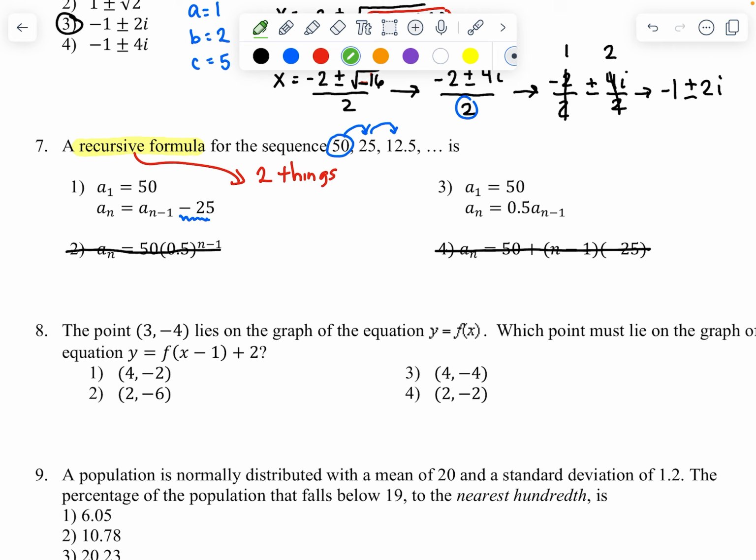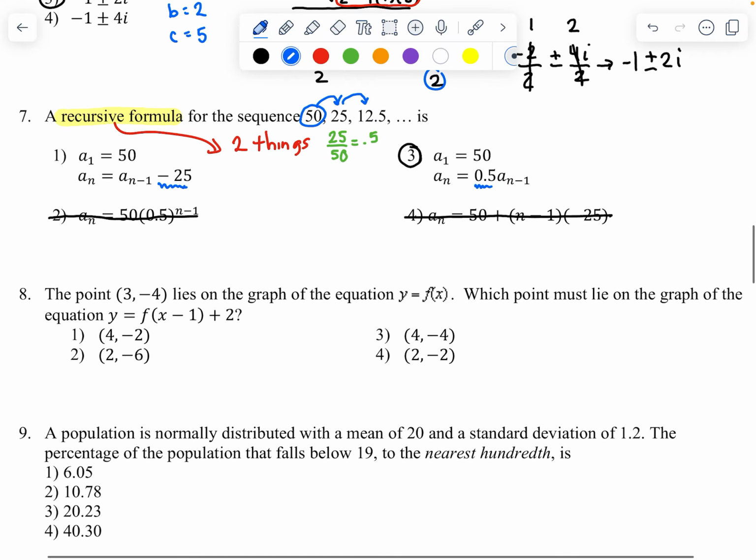So what does make sense? Well, if you do 25 divided by 50, you're halving it. So this would be the correct answer because it makes sense that that's your common ratio. Okay, let's move on.